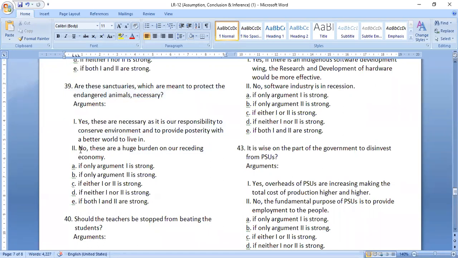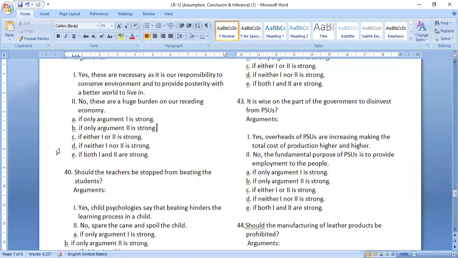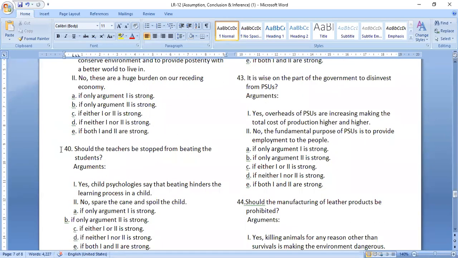On the other hand, if you were to consider the economic burden as a criterion, then environmental conservation is going to become false. So I think it's either one or two. If either one or two is strong, by this what they mean is that the strength of one argument weakens the other argument, right? So they're not mutually exclusive in their strength.